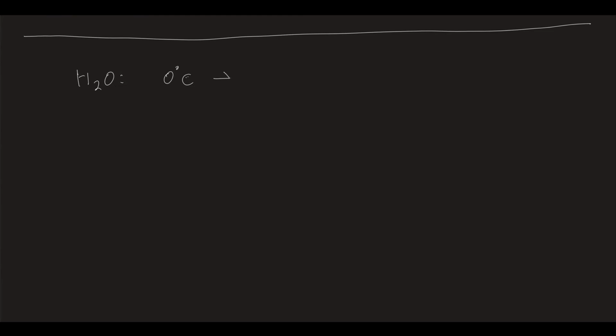We want to go to negative, let's say, 20 degrees Celsius in the solid state. Actually, let's not do that. Let's go to 0 degrees Celsius in the solid state. So we are going to do H2O liquid to H2O solid.